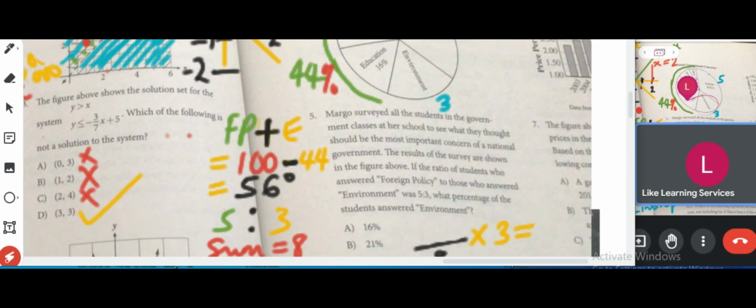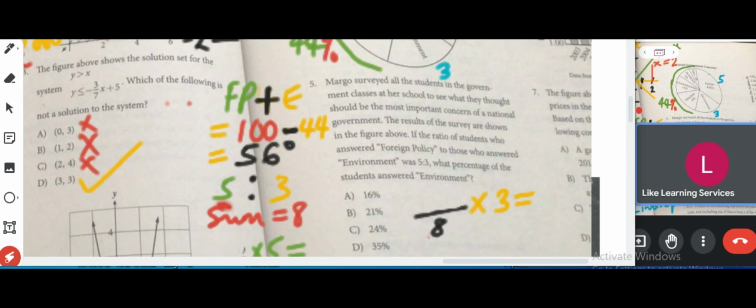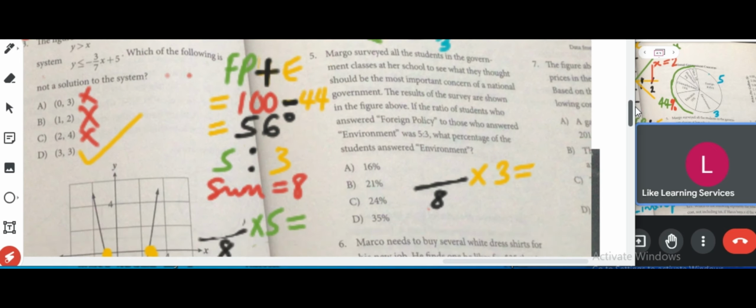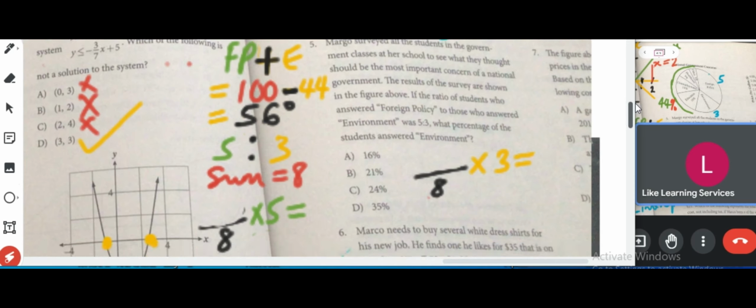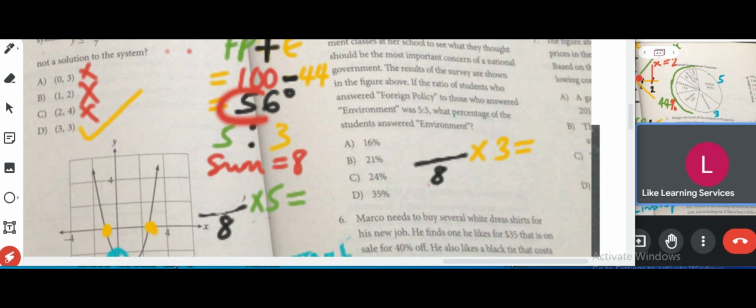And you know, you add the sum of ratio. Sum is 5 plus 3, which is 8. So what we just do is, for each one, you do total of what they are sharing over sum of ratio times the particular ratio. So total of what they are sharing is 56.